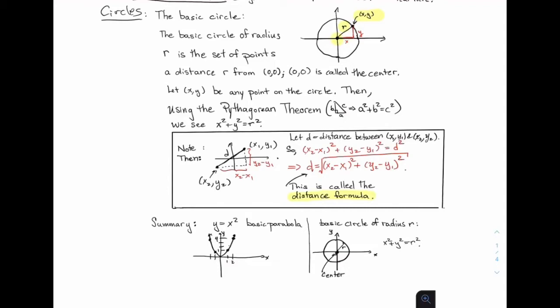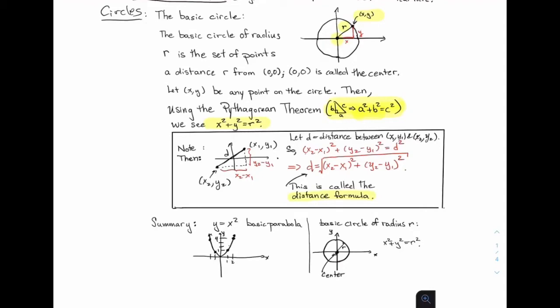And then we can use the Pythagorean theorem, which tells us the relationship between legs of a right triangle and the hypotenuse. In this case, it's x squared plus y squared equals r squared. And this is the equation of the circle we're looking for. This is the relationship between x and y if it lies on the circle.